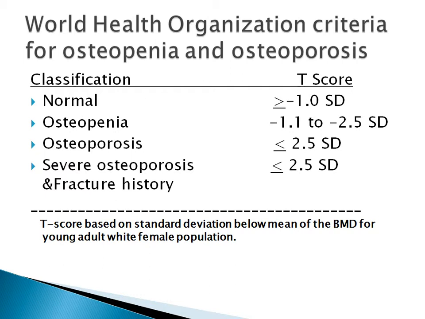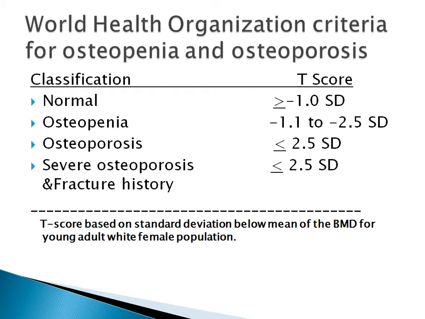This is a comparison with a young adult white female population, whether they're men or women, although we do have normals that are age and gender matched. The Z-scores sometimes are used for younger people, but in general, this is what people usually go by, the T-score.